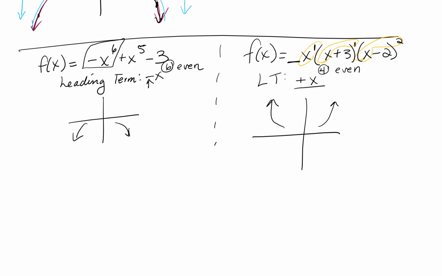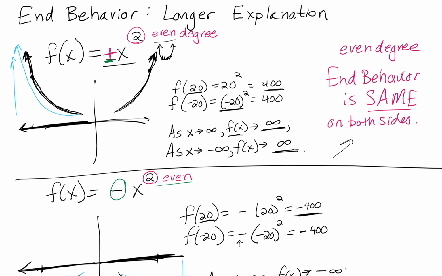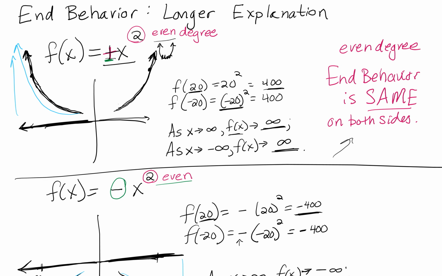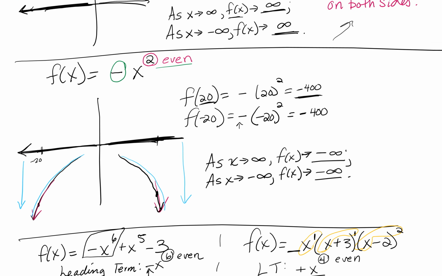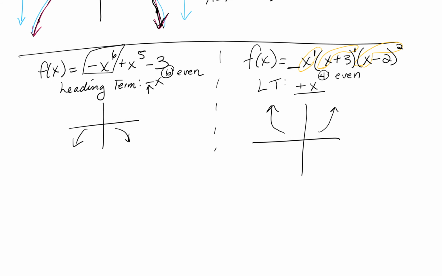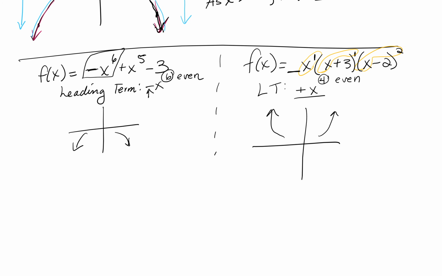So let me go back and show you real quick. If this was positive, my right side went positive because when I plug it in, it's a positive number. If it's negative, my right side went negative because when I plug it in, it's a negative number. Negative here, right side negative. Positive here, right side positive.